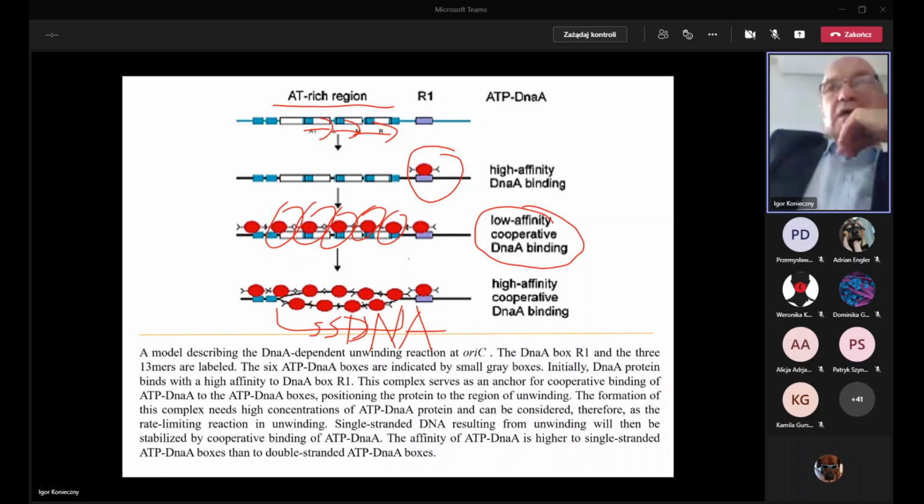Okay, so the situation is more complex. We have two different types of binding sites for the DnaA protein, the replication initiator.